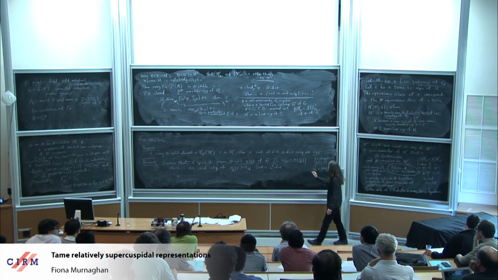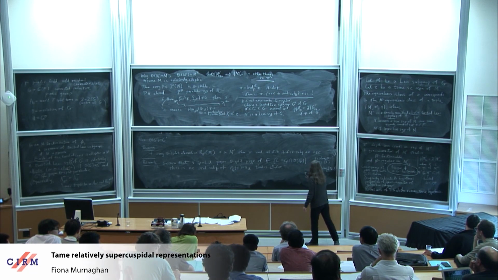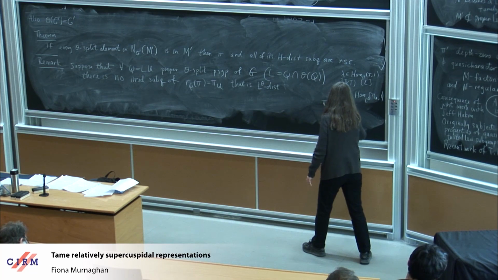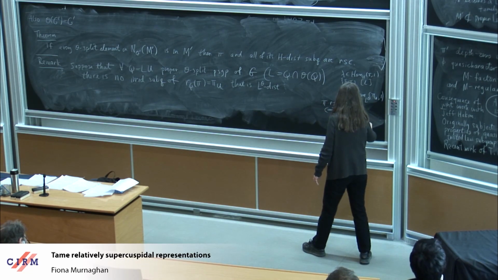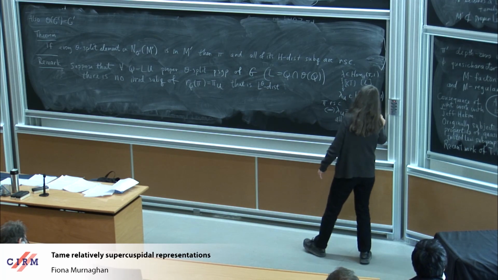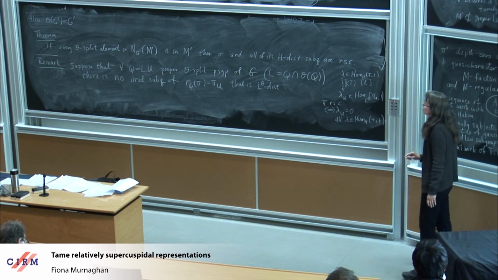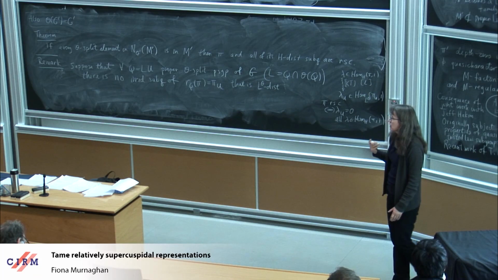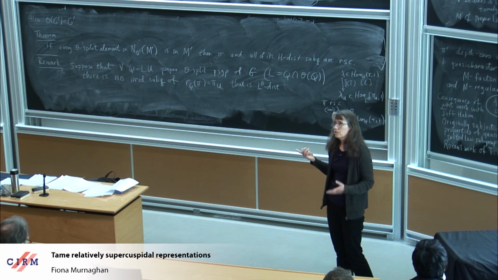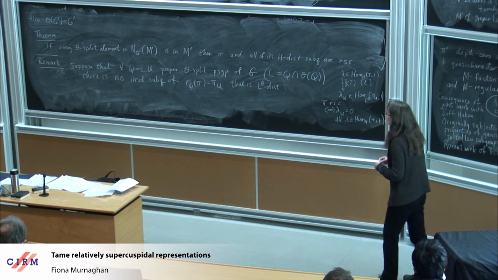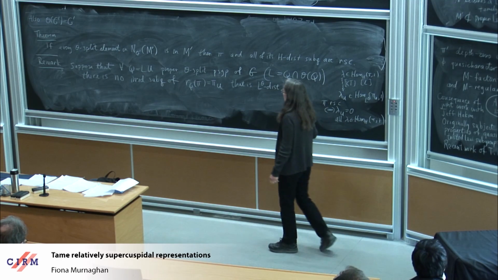So pi is relatively supercuspidal if and only if lambda U equals zero for all lambda here. The result on distinction of inertial support is key for doing this, to show that no irreducible subquotient is distinguished.